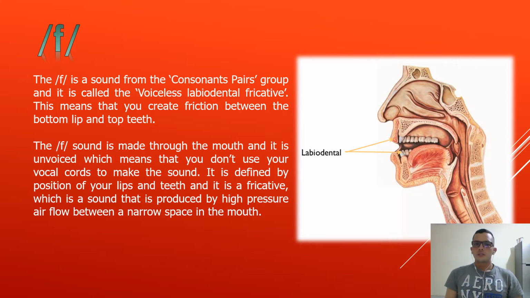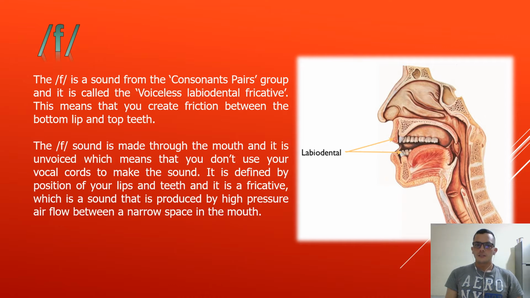This sound is made through the mouth and it's unvoiced, which means that you don't use your vocal cords to make the sound. It's defined by position of your lips and teeth, and it's a fricative, which is a sound that is produced by high pressure airflow between a narrow space in the mouth.